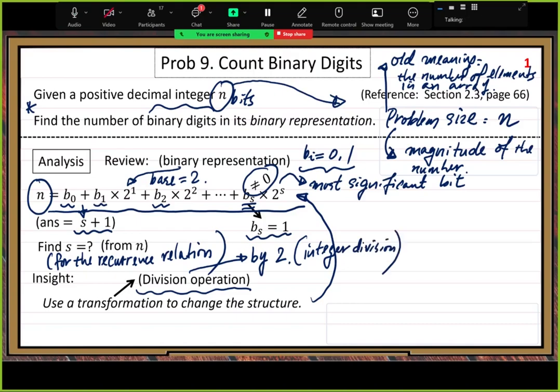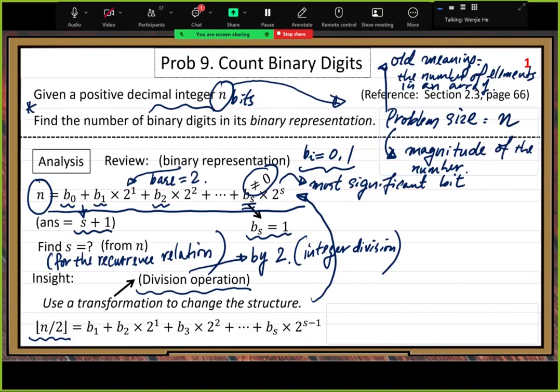Drop the fractional part. All right. So let's do division by 2, both sides. Left-hand side, because we need to drop the fractional part, we take the floor function. N over 2, then we take the floor function, so we only keep the integer part.